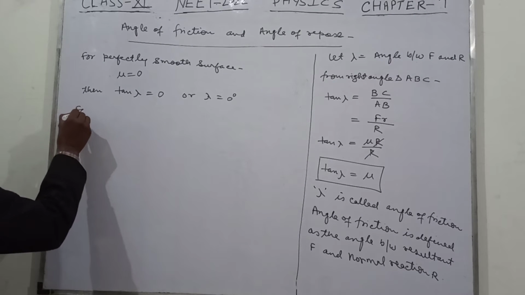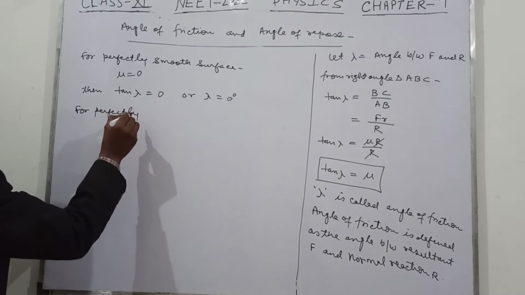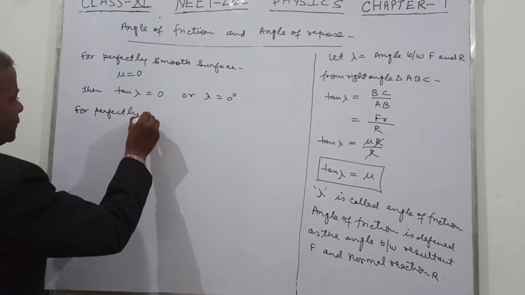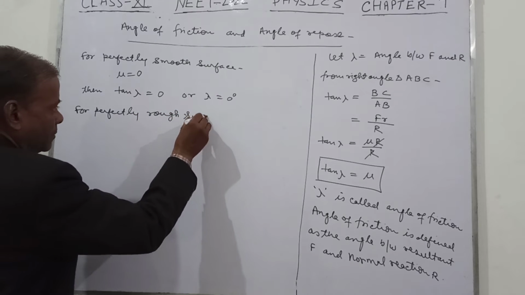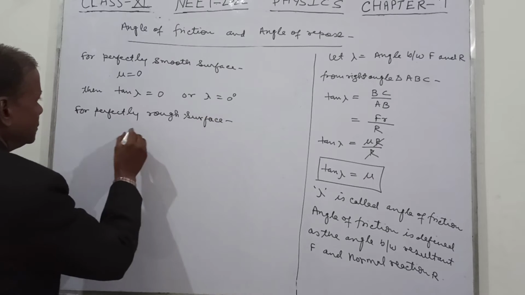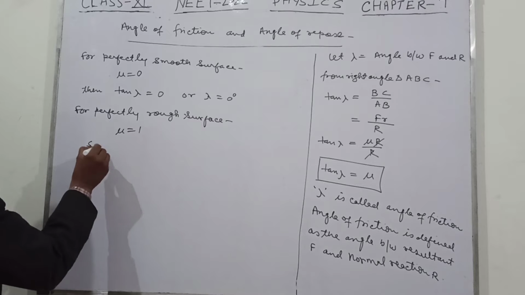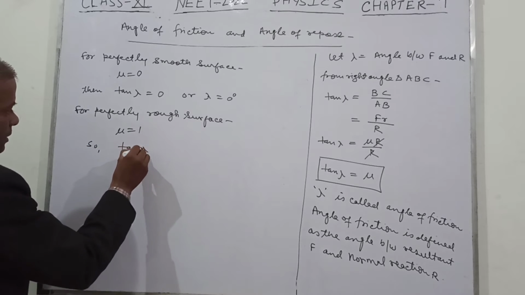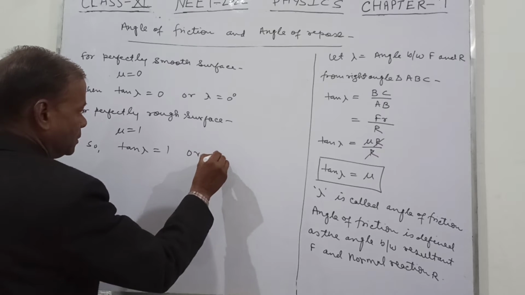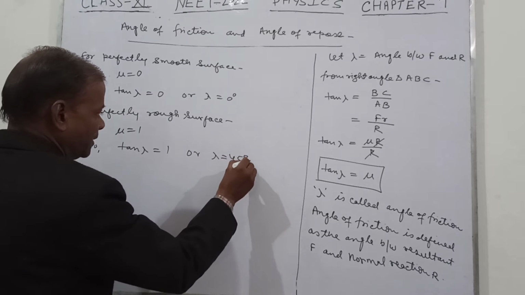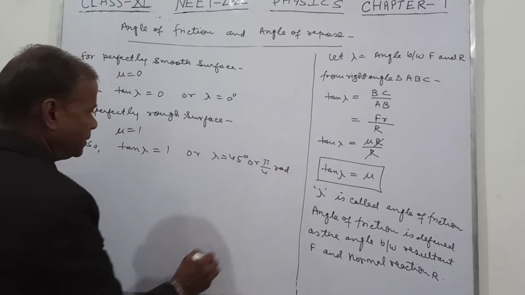And for a perfectly rough surface, mu is equal to 1. So tan lambda is equal to 1, or lambda equal to 45 degree, or pi by 4 radian.